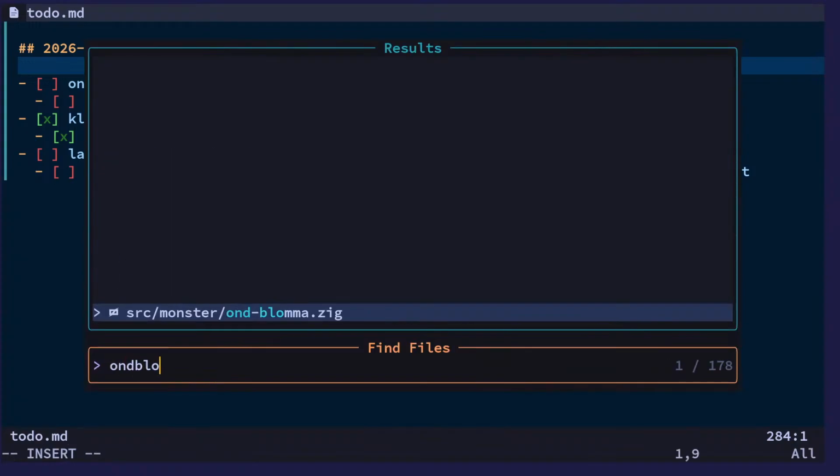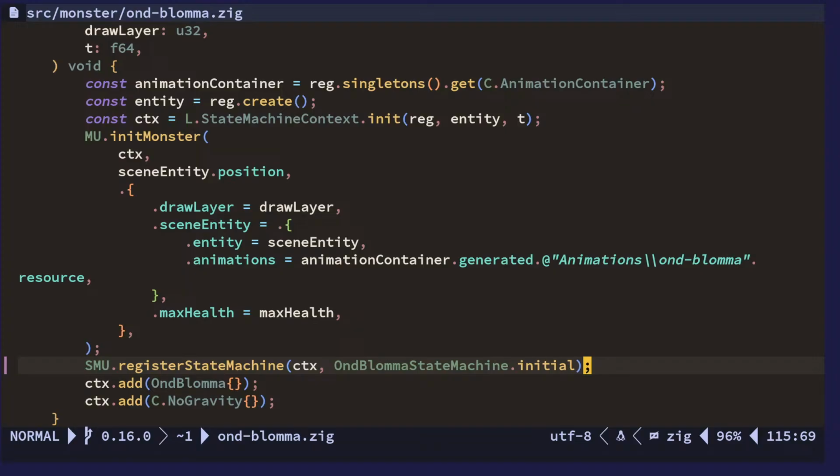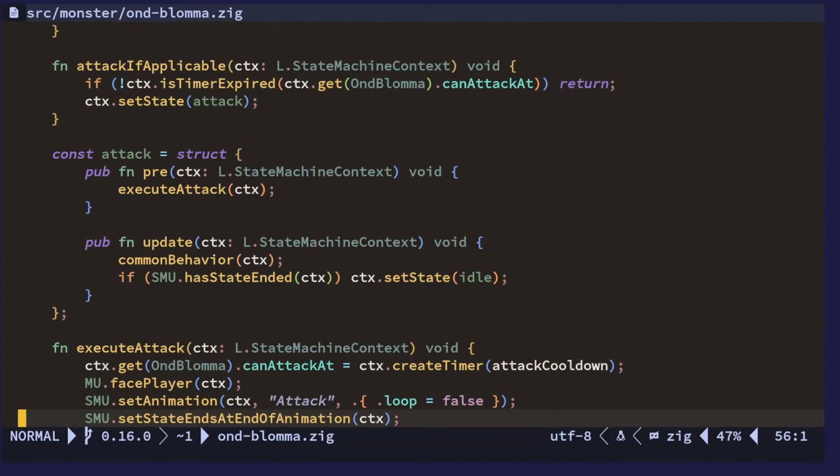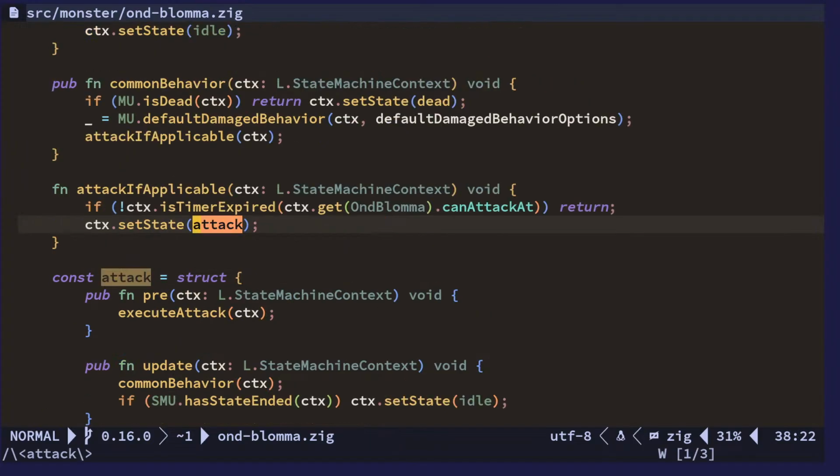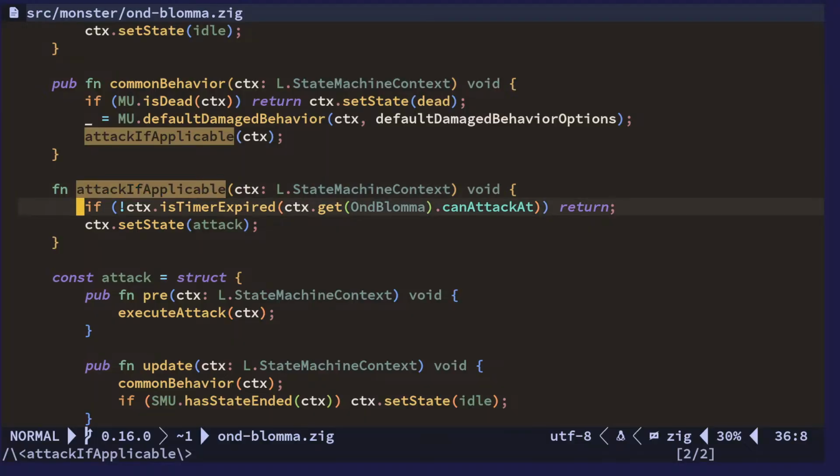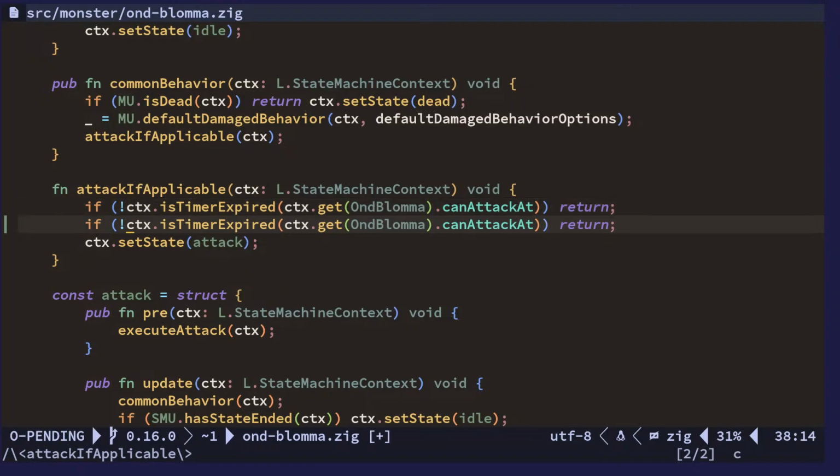So let's go over to the thing, attack if applicable. So we essentially just add a thing here.